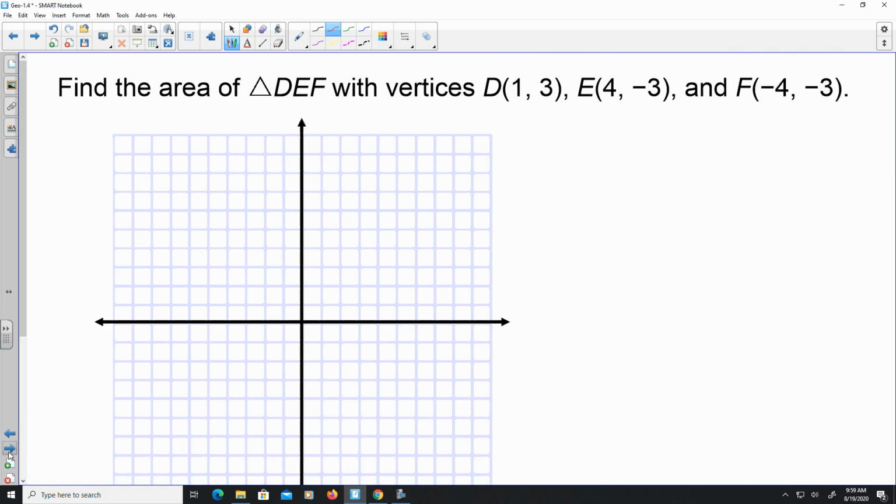Here, they want us to find the area of triangle DEF with these vertices. So, if you don't remember, area of a triangle is 1/2 base times the height. So, again, let's plot the points. So D is at 1, 3.